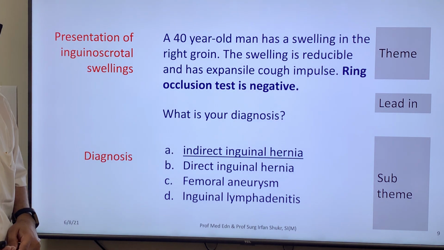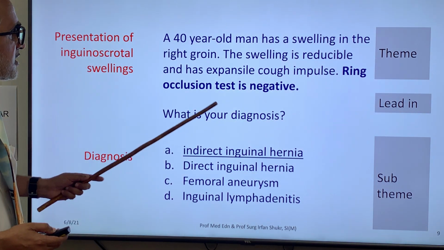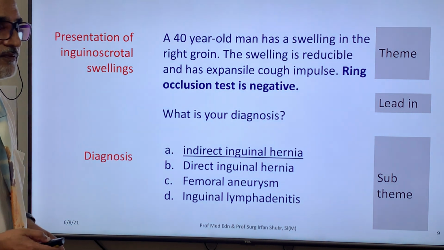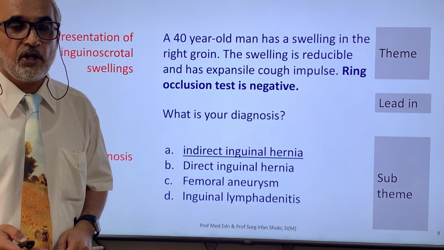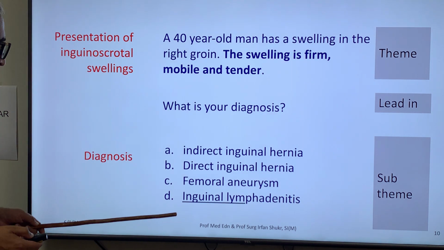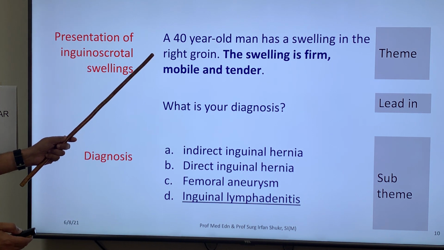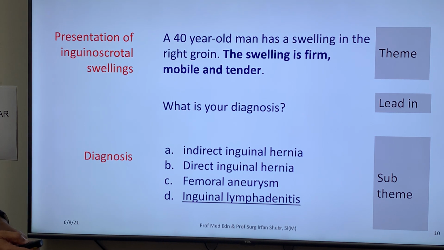It's easy to change the initial statement. In this case, the only thing I have changed is that ring occlusion test is negative. The beauty is, now one can choose the third one, like let's say inguinal lymphadenitis. Now when I write the statement, the only change is that the swelling is firm, mobile and tender.